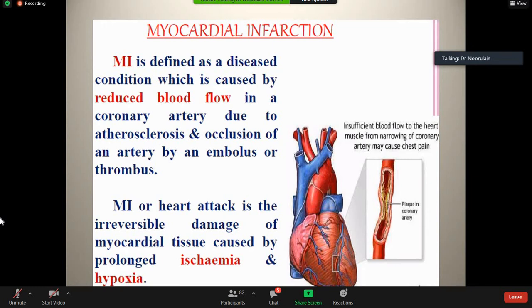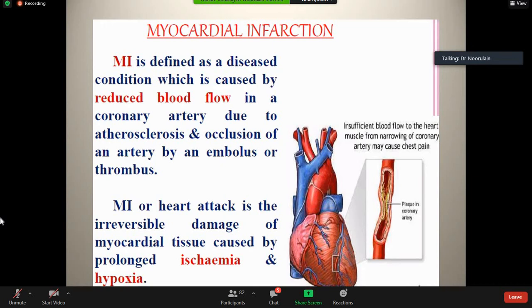Okay, we have already discussed what myocardial infarction is. Myocardial infarction is a disease condition which causes a reduction of oxygenated blood to the myocardium. One question is, is STEMI the ST elevation MI?